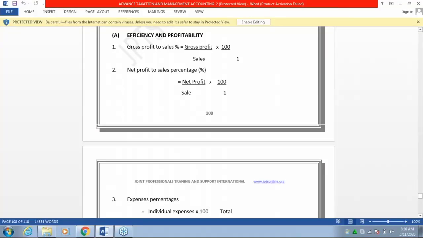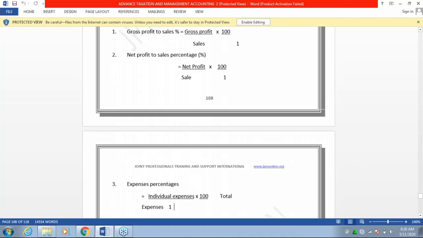Then another one is expenses percentage. That is the individual expenses multiplied by 100 all over expenses.